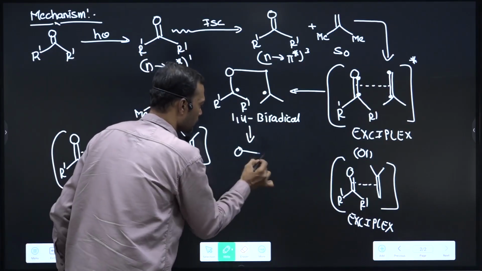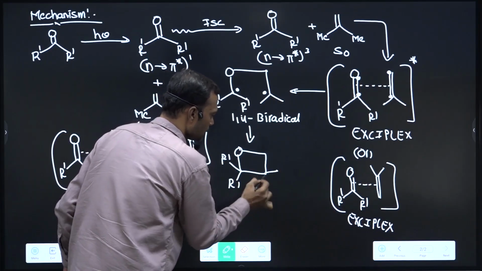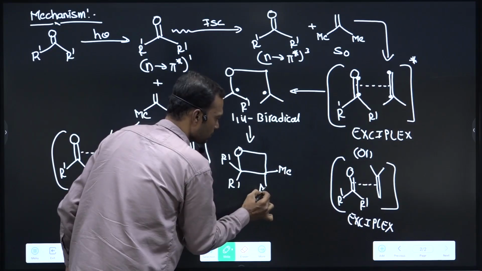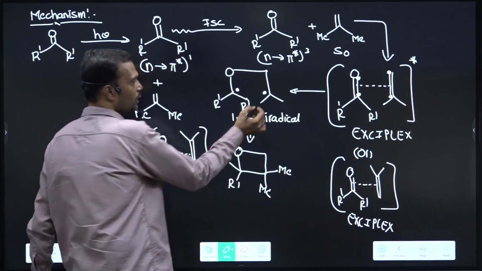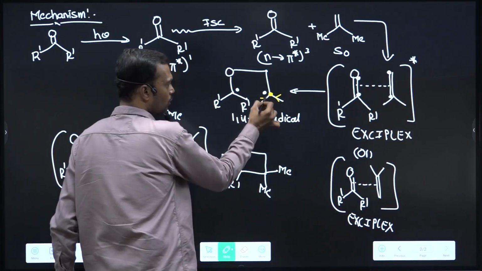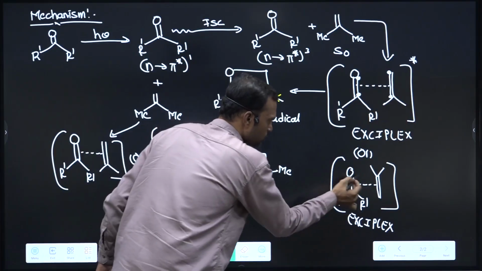After the 1,4 biradical, what is your answer? These two are cyclized together, then you will get this answer. This is R dash, here methyl and methyl. That is the answer. Now are these two radicals stable or not? See, it is a tertiary radical or not? Here a donor is there, tertiary radical. Suppose this is participating in the reaction, first these two combine together.